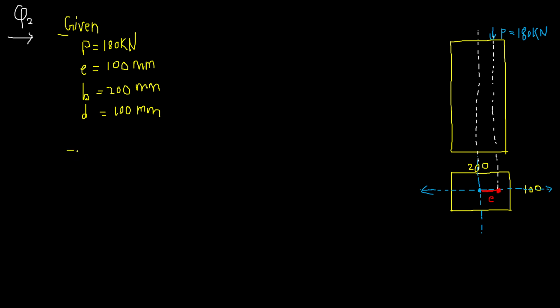Now the next point is to find. What do we have to find in this question? So we have to find two things. First is the maximum stress. Maximum stress. So we denote this by sigma max.